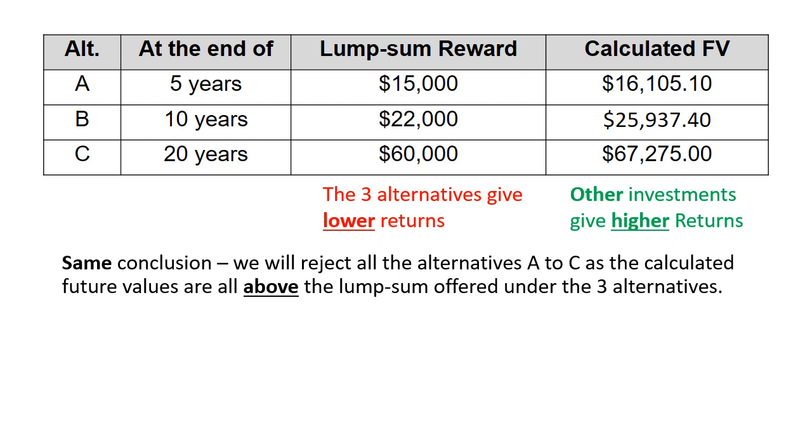So at the end of it, it gives the same conclusion. We will reject all the alternatives A to C as the calculated future values are all above the lump sum offered under the three alternatives.